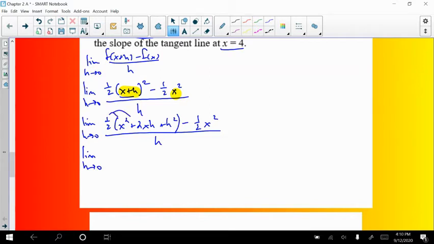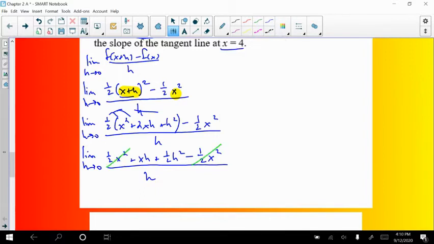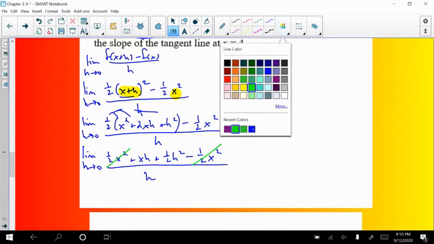Now, if we distribute this 1/2, we get 1/2 x squared plus xh plus 1/2 h squared minus 1/2 x squared all over h. And again, here's where some nice things start to happen, because now I see that the 1/2 x squared and 1/2 x squared cancel.